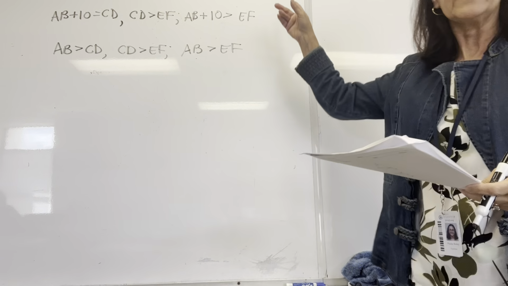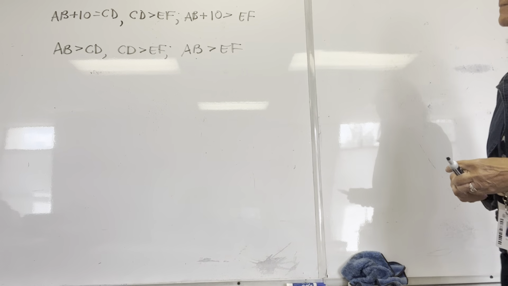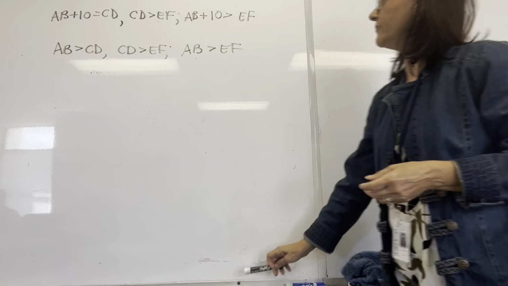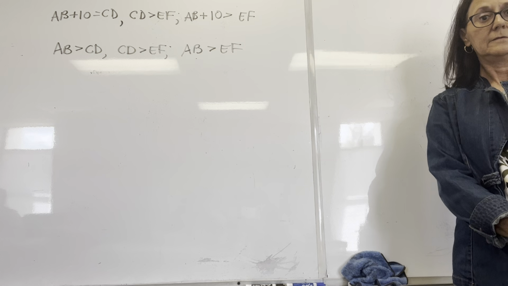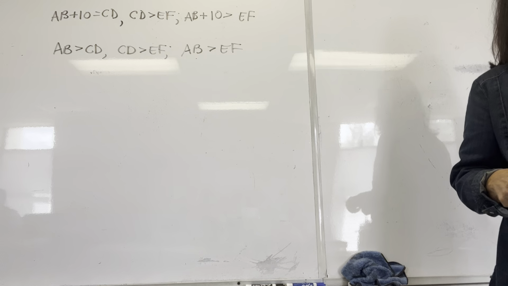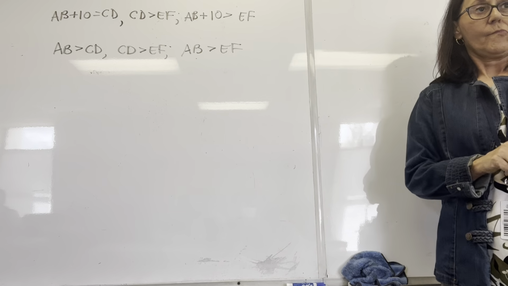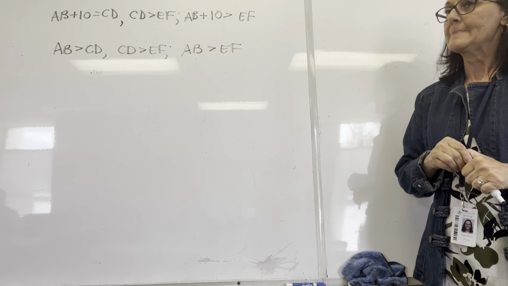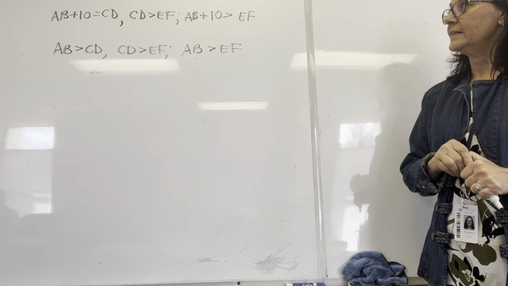Okay, what's the difference in those two statements? The first statement says AB plus 10 equals CD, CD greater than EF. Therefore, AB plus 10 greater than EF. What is that? It is not the addition theorem.